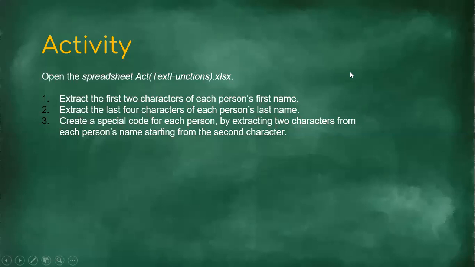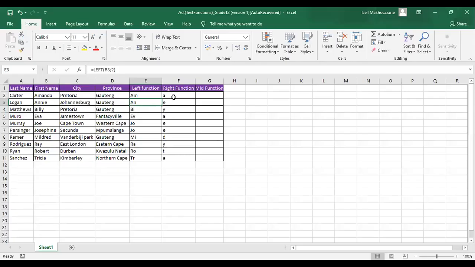Okay, so now with this one, I have to extract the last 4 characters of each person's last name. My LEFT function did what was required of me, extract text from the first name.